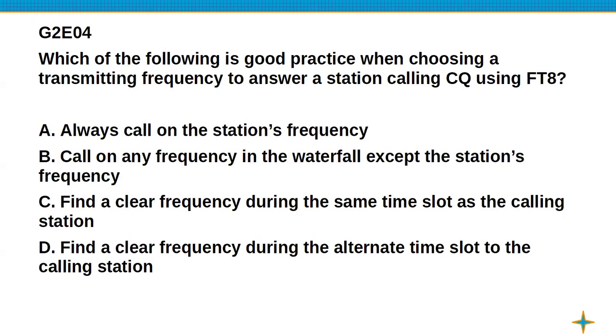Good. Which of the following is good practice when choosing a transmitting frequency to answer a station calling CQ using FT8? The alternate time slot, the D, delta. Yes. And a clear frequency. That's important.